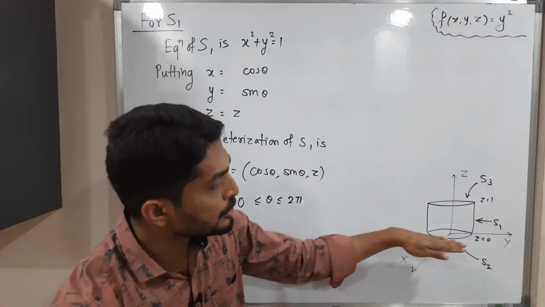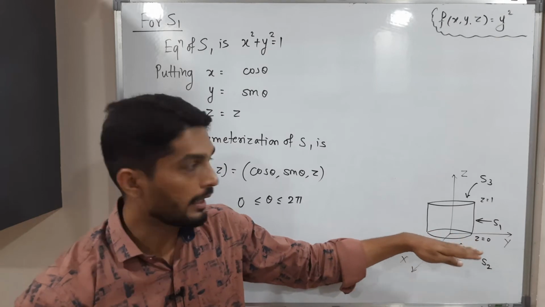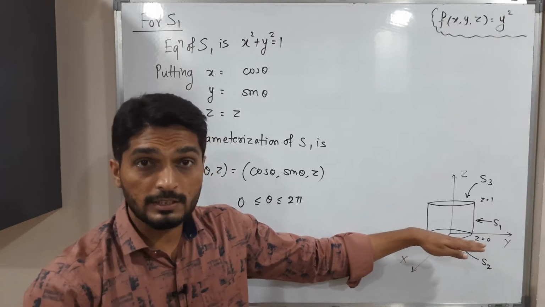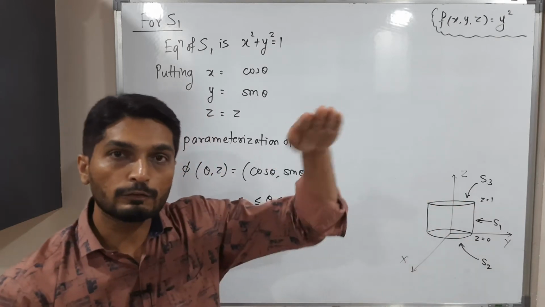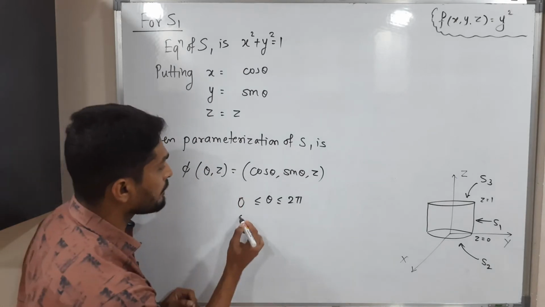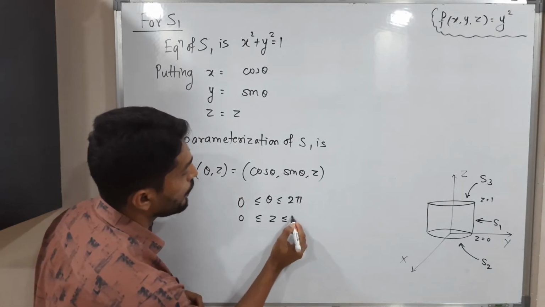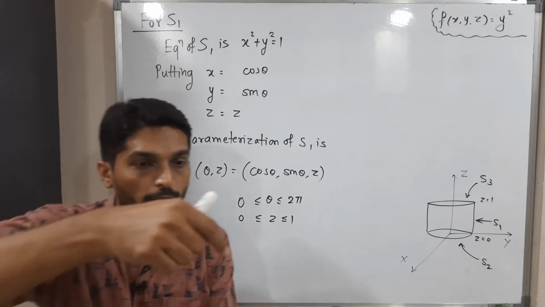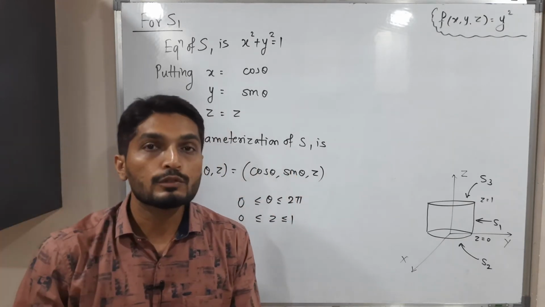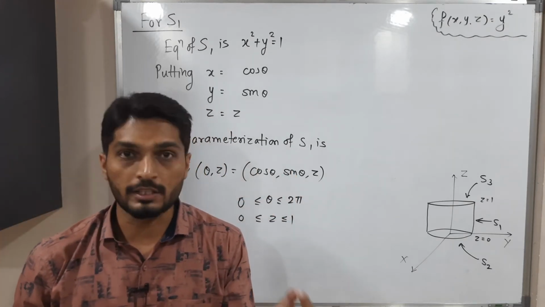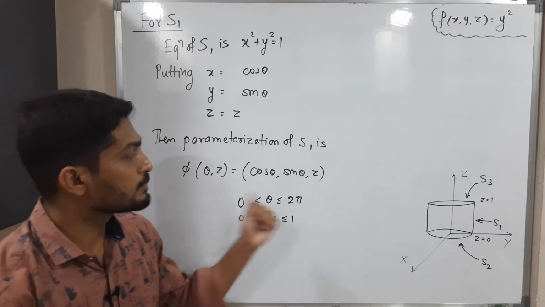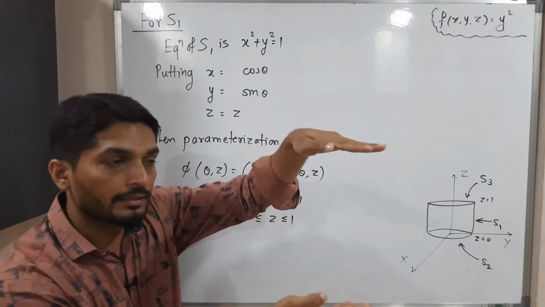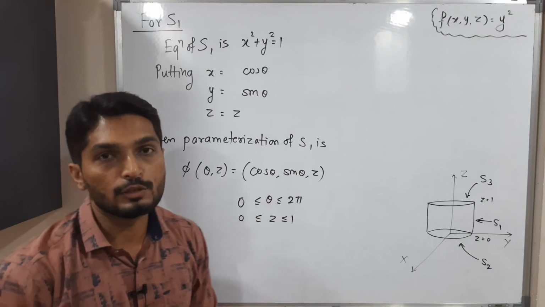They have clearly mentioned at the bottom that at z equal to 0 the surface starts, and at z equal to 1 we should stop. So z should vary from 0 to 1. In this way we got the limits. Since we have to cover the complete surface, we rotate by 360 degrees, so theta varies from 0 to 2 pi, and the height is 0 to 1.